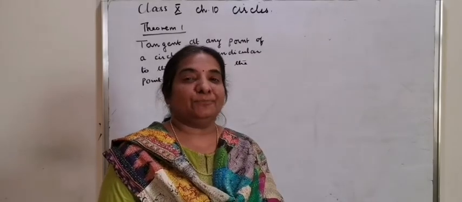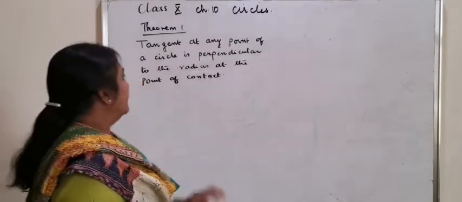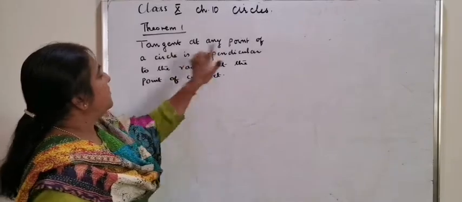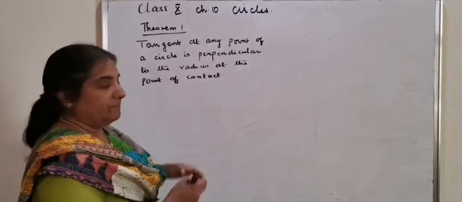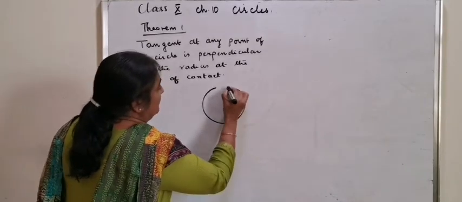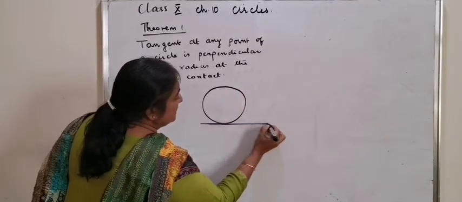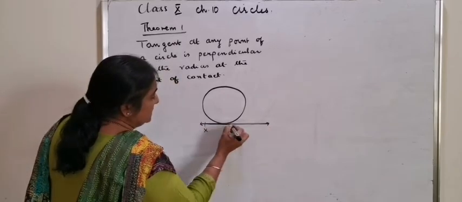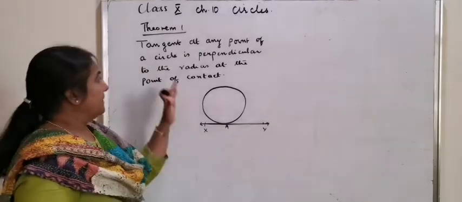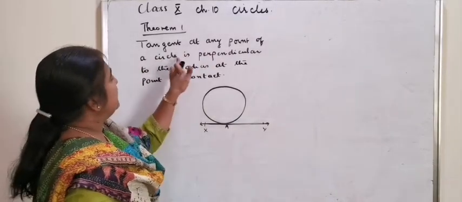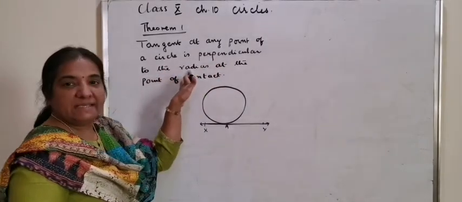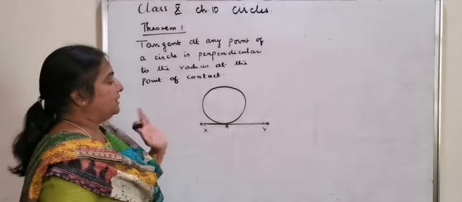The first theorem in this lesson. The theorem states that the tangent at any point of a circle is perpendicular to the radius at the point of contact.